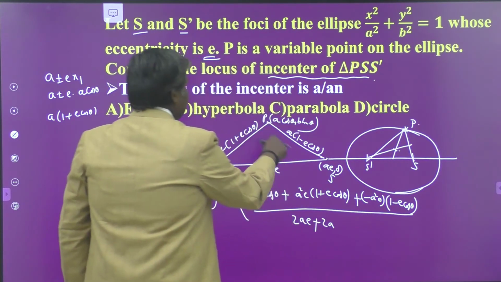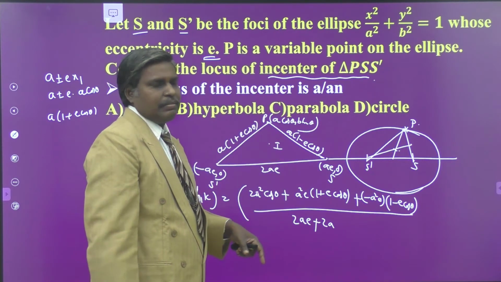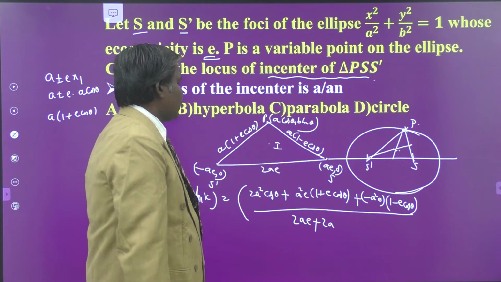The sum of the focal distances from any point on the ellipse is always equal to the major axis length, that is 2a. Clearly minus ae cos theta plus ae cos theta gets cancelled.